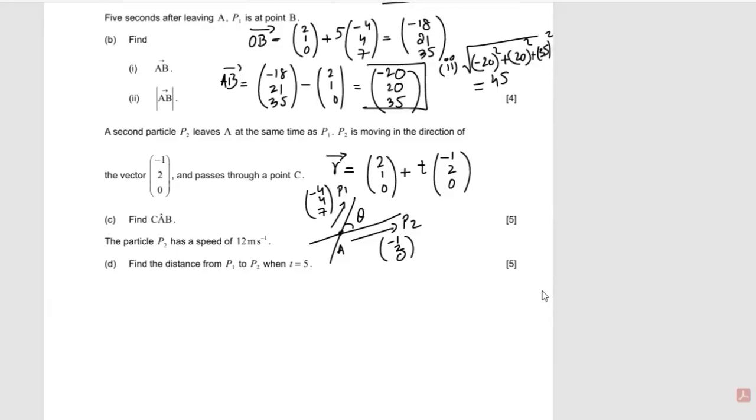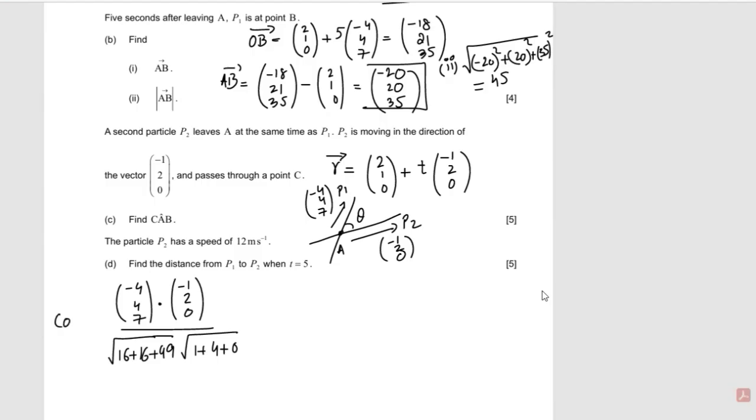So let's get the dot product of these vectors. How do we do that? (-4, 4, 7), you can check the formula booklet, dot (-1, 2, 0). Divide the whole thing by the magnitudes: root of 16 plus 16 plus 49 and root of 1 plus 4 plus 0. And that's cos of CAB.